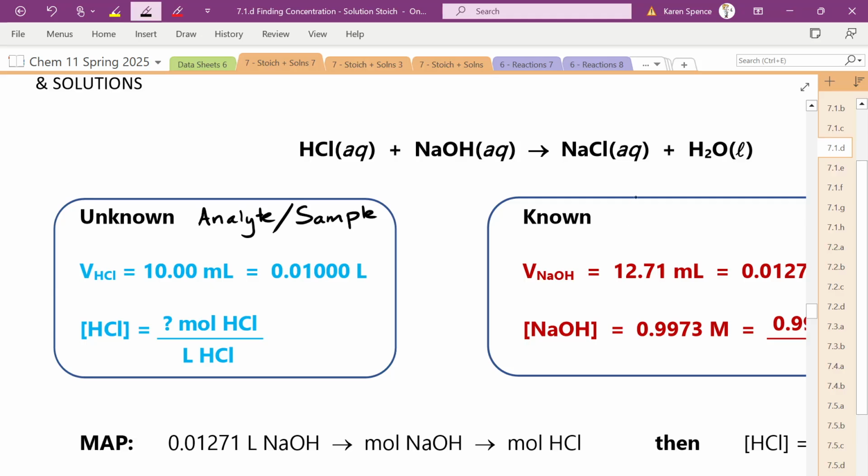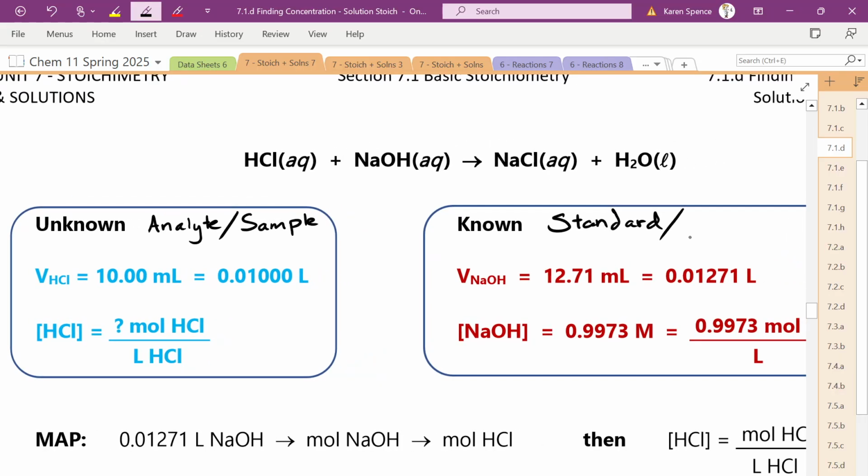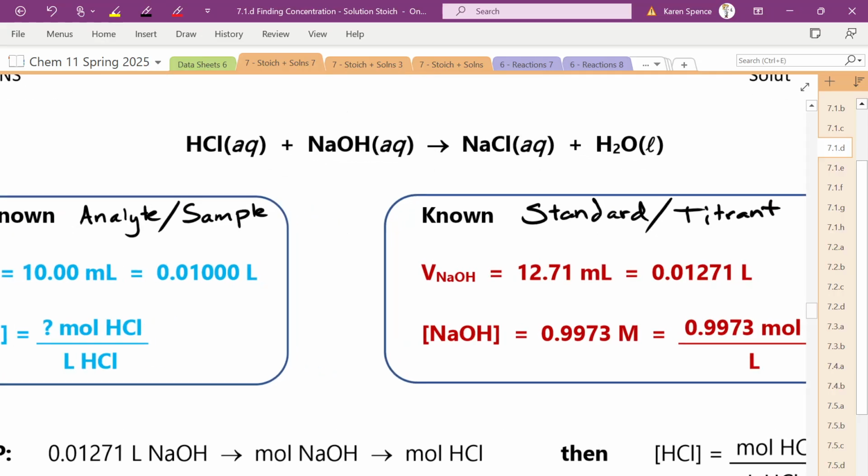The known is known as the standard and also as the titrant.